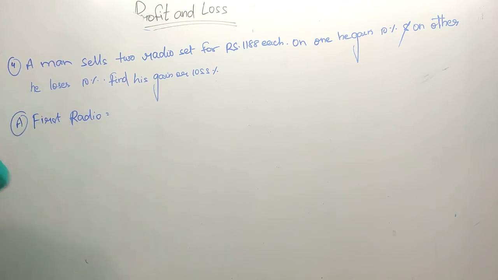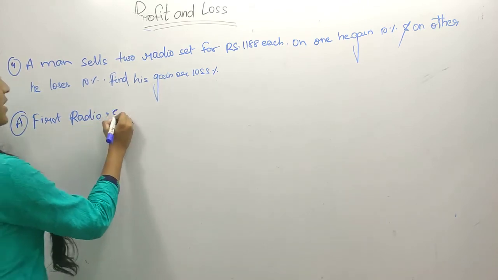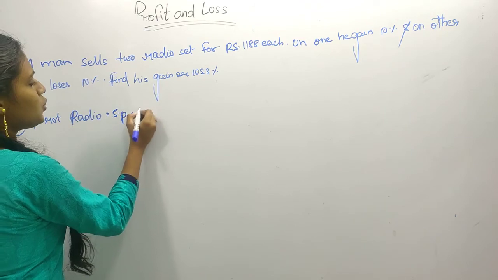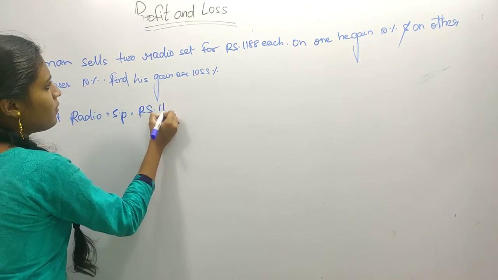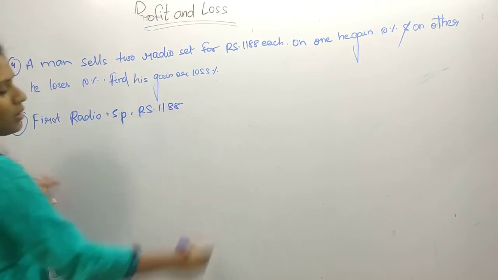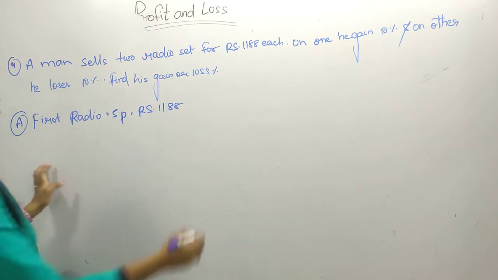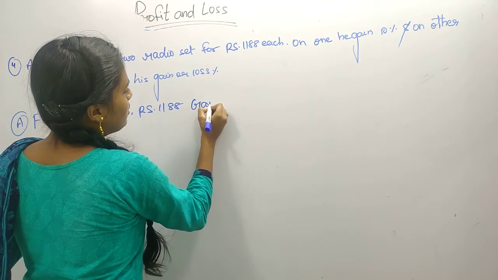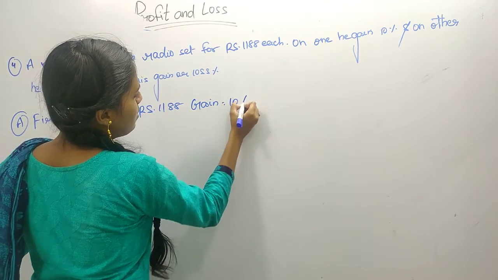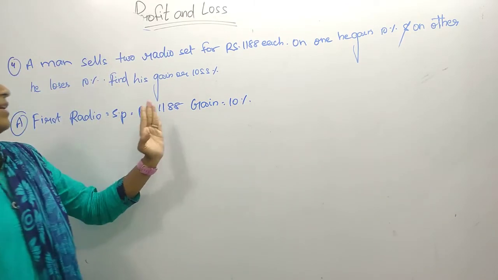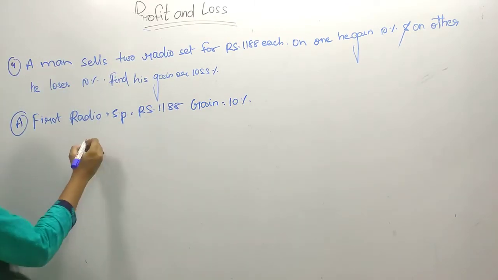First radio, SP, how much it is given in the question? Selling price is equals to rupees 1188. Gain how much? 10%. Okay. SP is given, gain is given. Directly we will find out cost price.